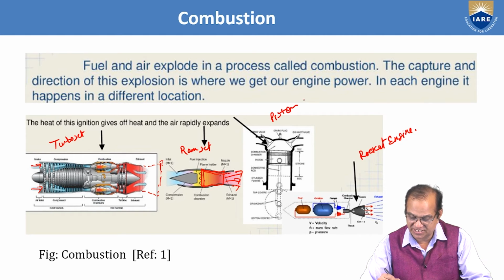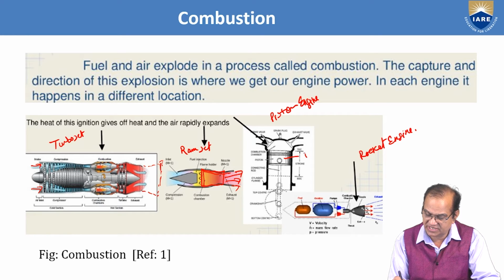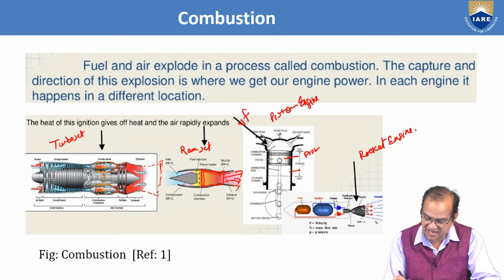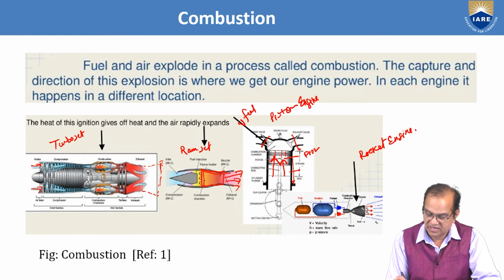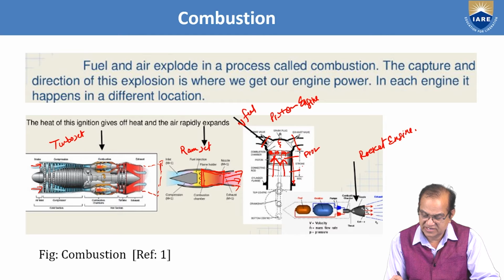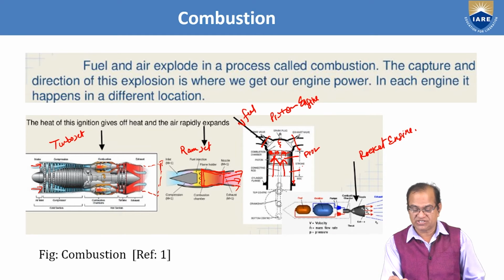If you see the piston engine, in the piston engine we have here the piston, then it is a cylinder. There the fuel is coming from here. As it is going downwards, fuel is sucked inside like this. After reaching here, all these valves are closed and it is compressing, and this high compression air and fuel are mixed here, and then a spark is given and ignition and explosion is taking place.